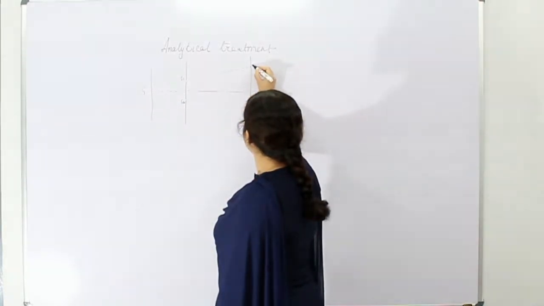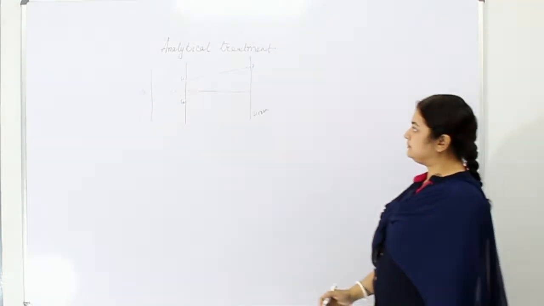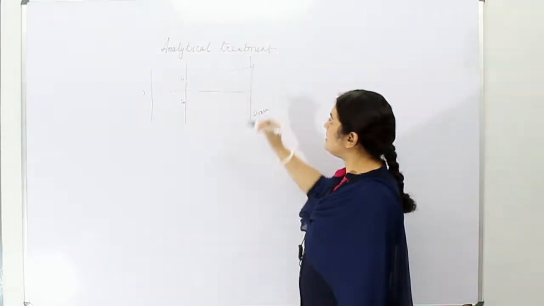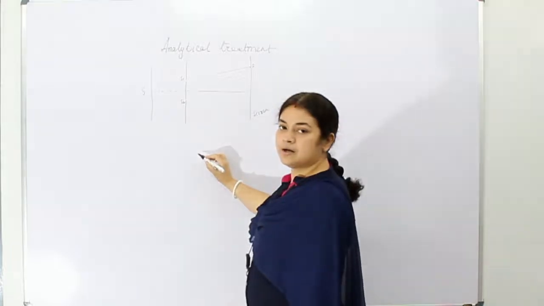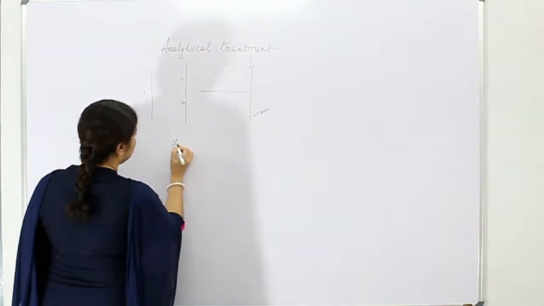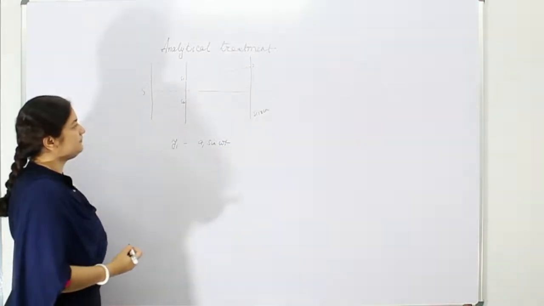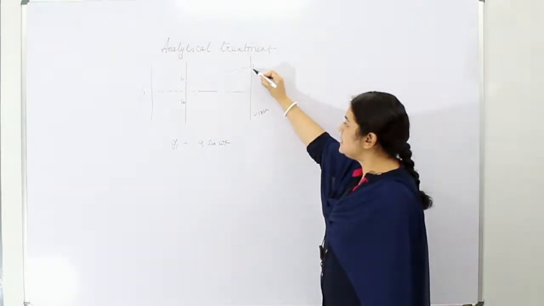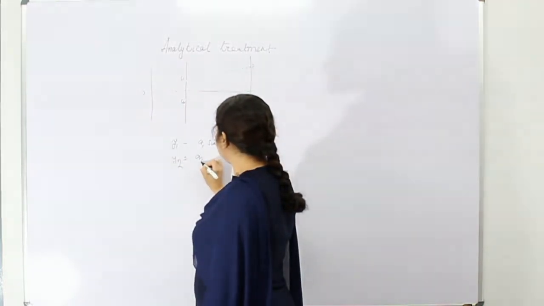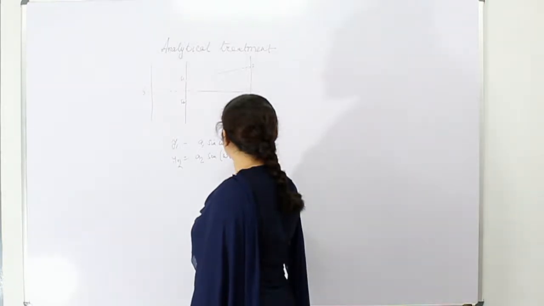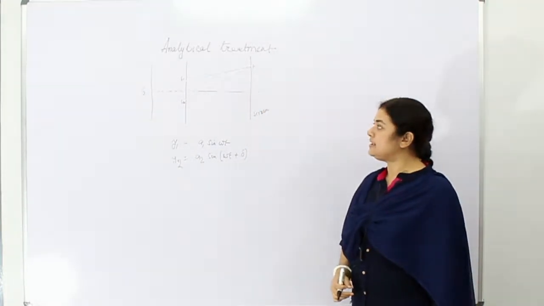Let us consider a point P on the screen. The displacement of a particle at this point due to the light waves coming from slit S1 is given by y1, and its expression is A1 sin omega t, and the displacement at P due to the light waves coming from slit S2 is given by y2 equal to A2 sin(omega t plus delta), where delta is the constant phase difference between the two waves which are interfering.